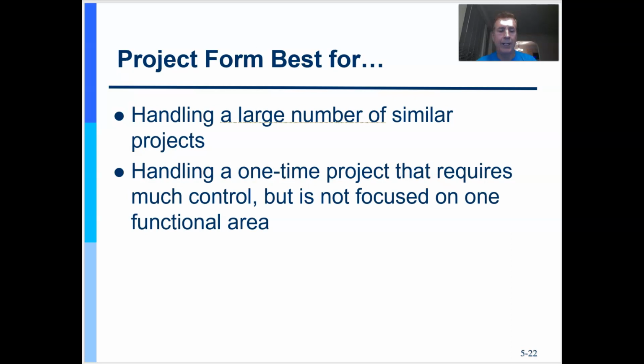Now, a projectized organization is better when you have a lot of similar projects being handled and you need a focused team on it. Agile would be an example, though we're largely talking predictive or waterfall developmental life cycle.